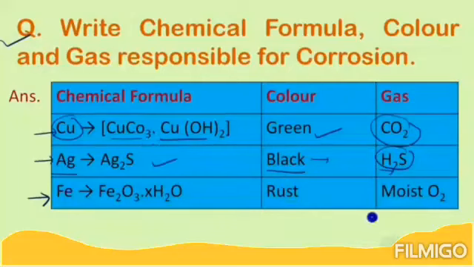For iron, moist oxygen is responsible and the color is rust, that is reddish brown.